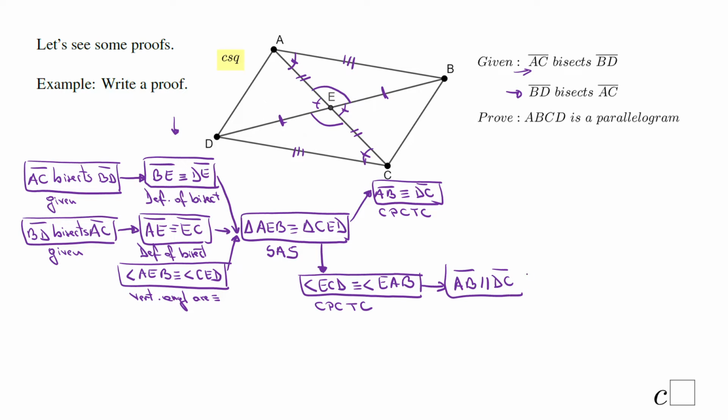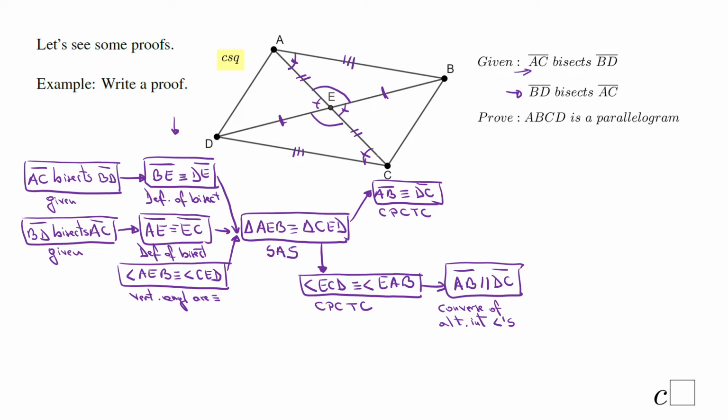Why? Because these two angles, if you take a look, are alternate interior angles. So this is in fact the converse of alternate interior angles, which says if two alternate interior angles are congruent, then those two lines are parallel lines.